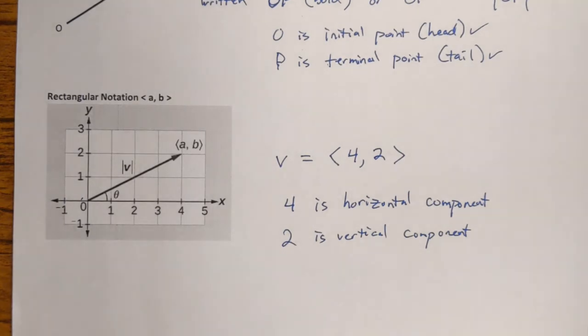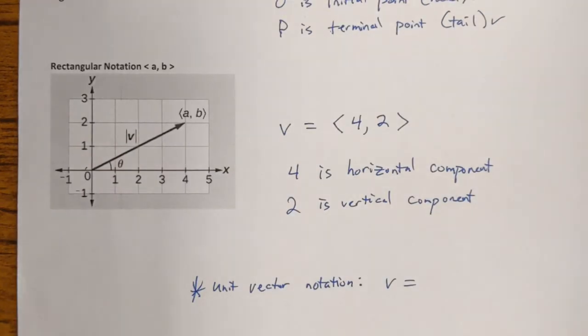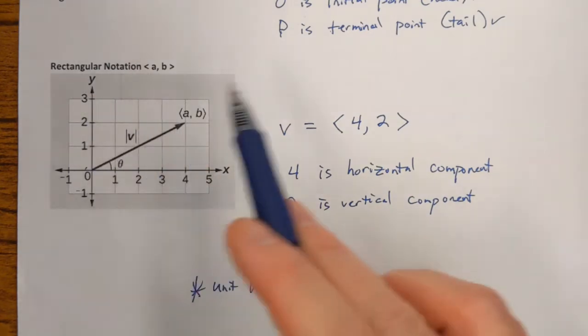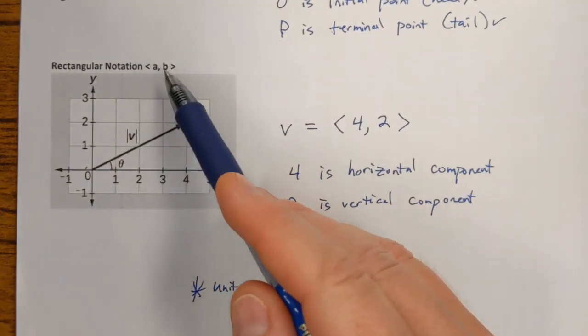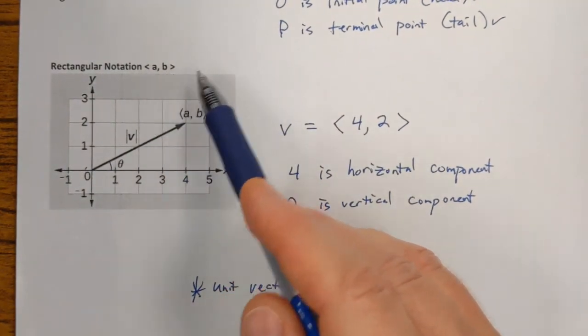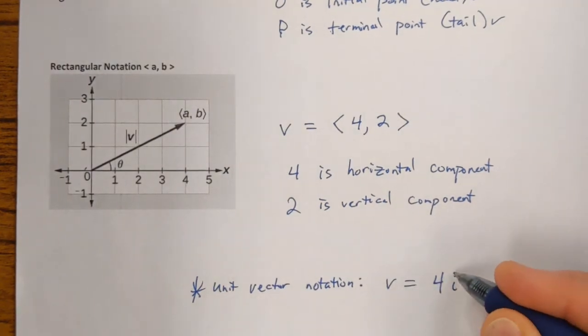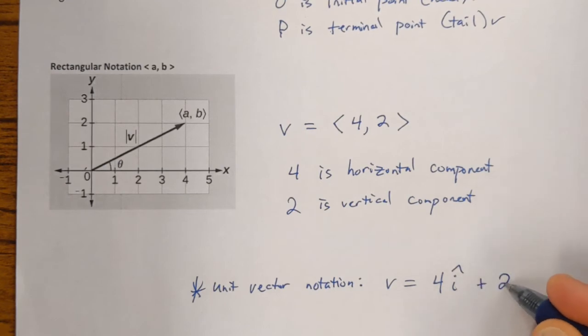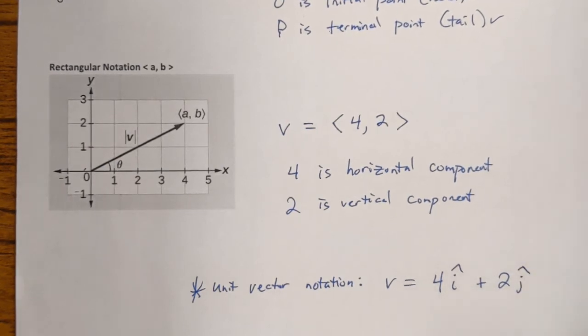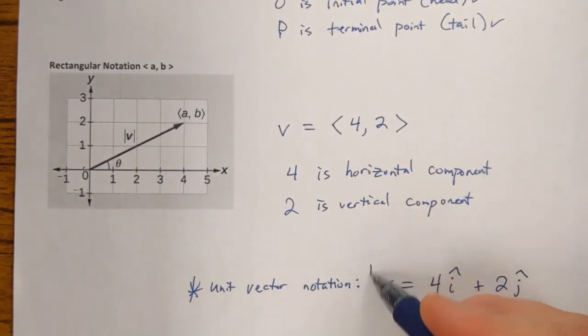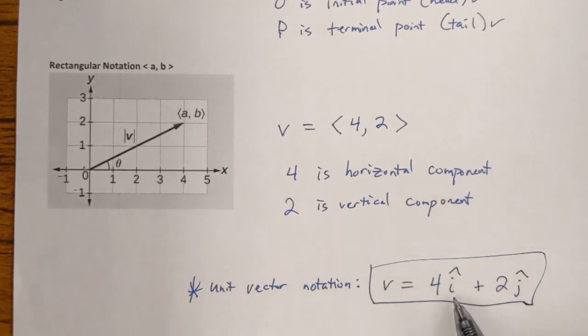This is a good time to point out there is one additional way you could write rectangular notation. I like to use this a, b form with the angle brackets. There's another way to write it using something called an i and a j. Some people would write that exact same vector using an i with a little hat on it and a j with a little hat on it.